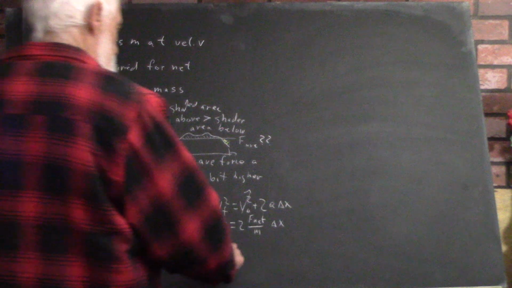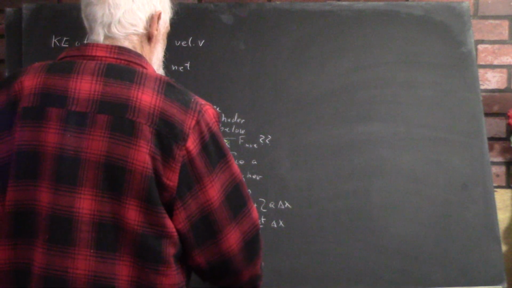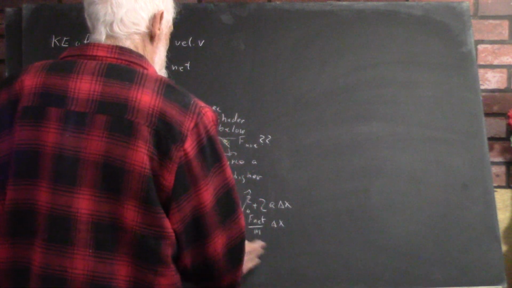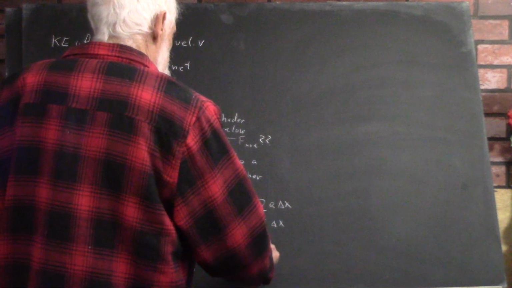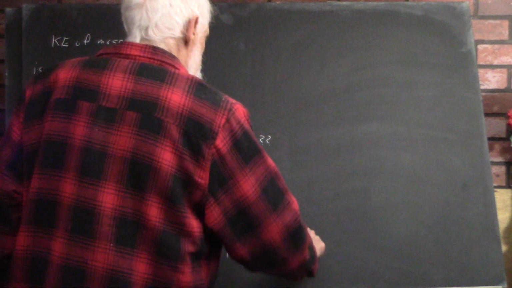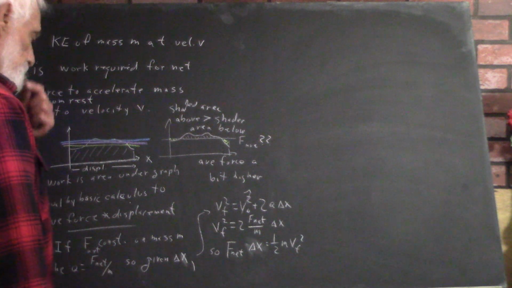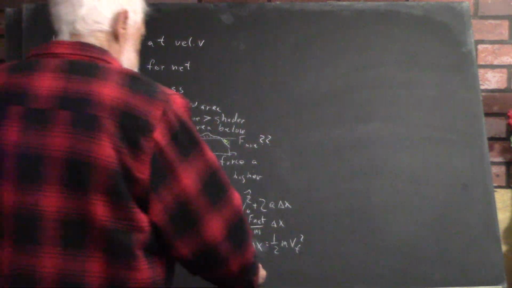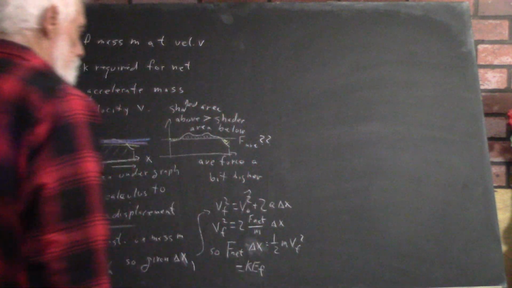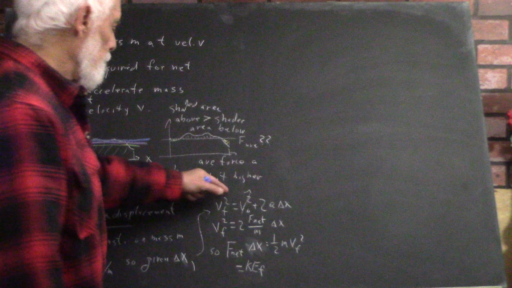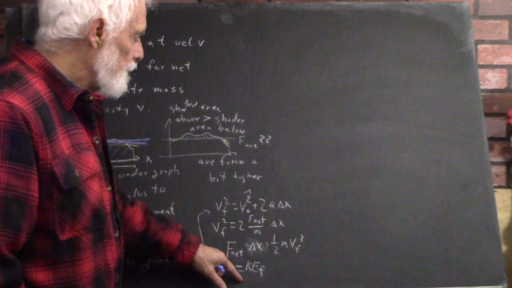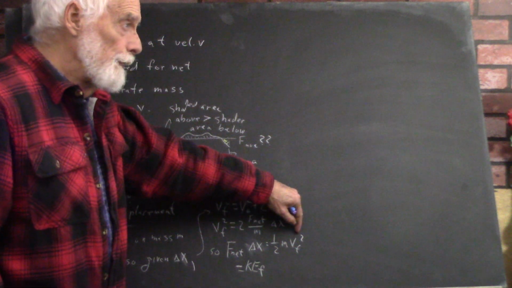So F net delta x is 1/2 m Vf squared. That's your final kinetic energy if you're starting from 0. So that kinetic energy can be defined as 1/2 m v squared.